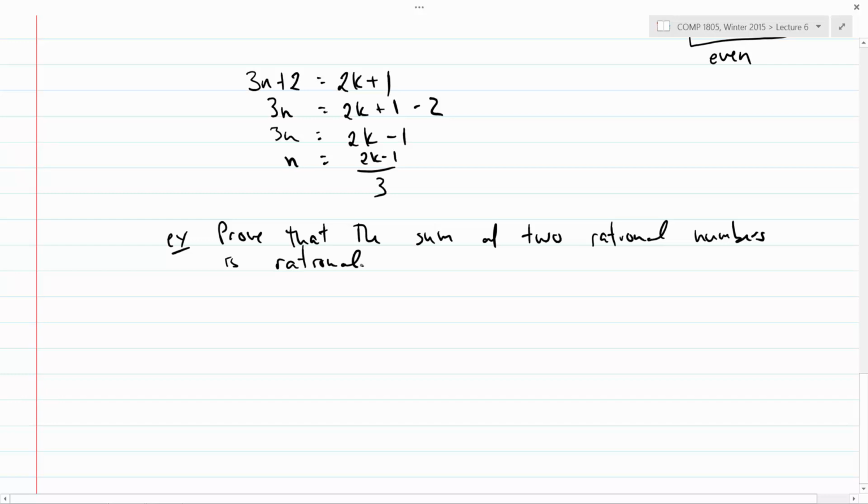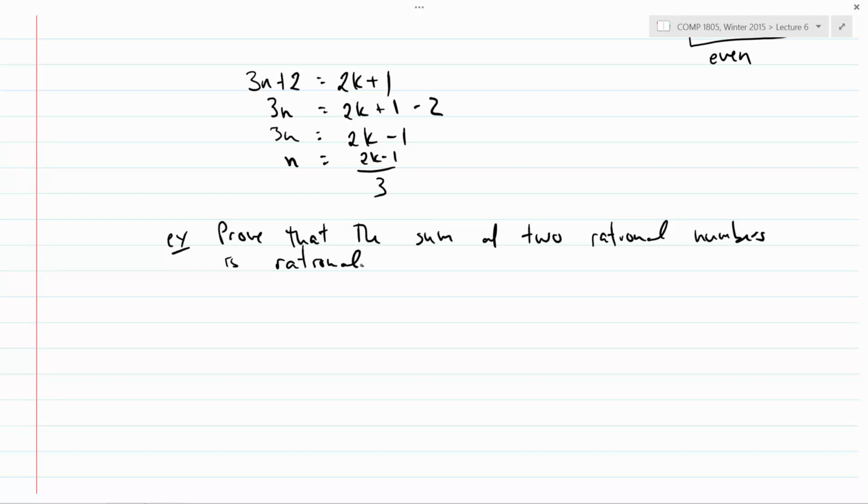What's a rational number? Yeah? Any number that doesn't have a square root of negative 1. Not quite. Yeah? N over D, where N and D are... Almost. One exception. Almost. Not zero. Yeah, exactly.